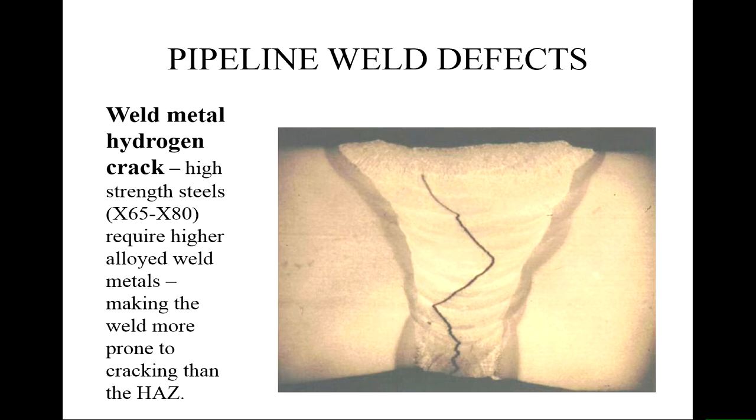It's possible to happen in higher grade steels, because in that case, in order to match the chemical composition of the grade, we have to use an electrode made from a high alloyed steel. High alloyed means it is more brittle than a low alloyed one, and the crack will propagate through the weld region.